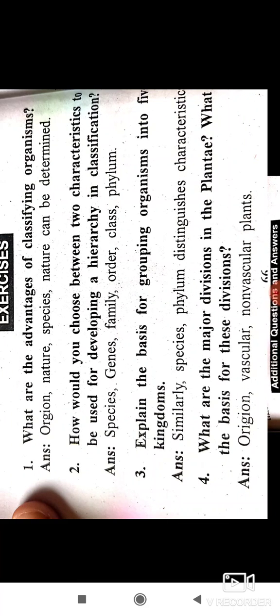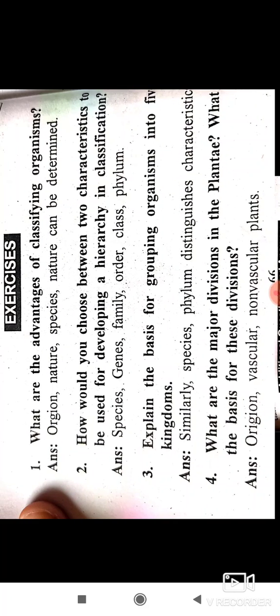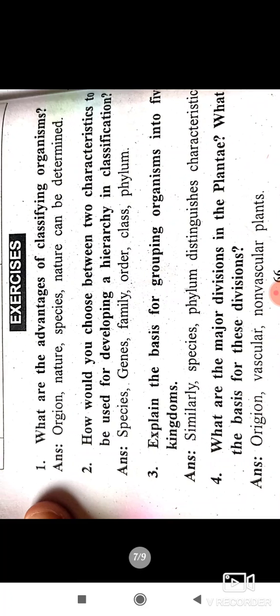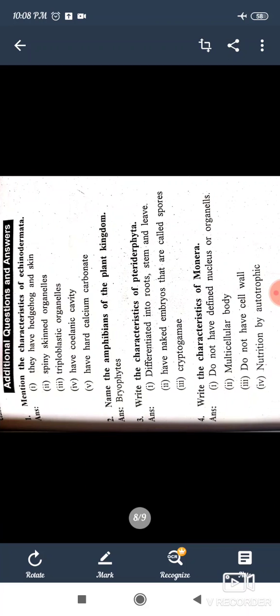Explain the basis for grouping organisms into 5 kingdoms. Similarly, species, phylum and distinguishing characters, you have to see the basis for grouping organisms into 5 kingdoms. So what are the major divisions in the Plantae? Origin, vascular and non-vascular plants you have to see in the major divisions in plants.